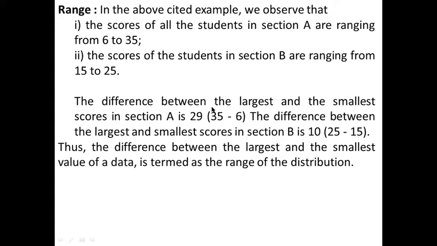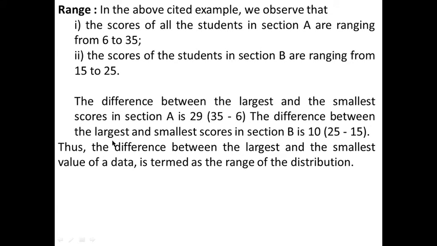The difference between the largest and the smallest score in section A: the lowest value is 6 and the highest value is 35. The difference between 6 and 35 is 29.